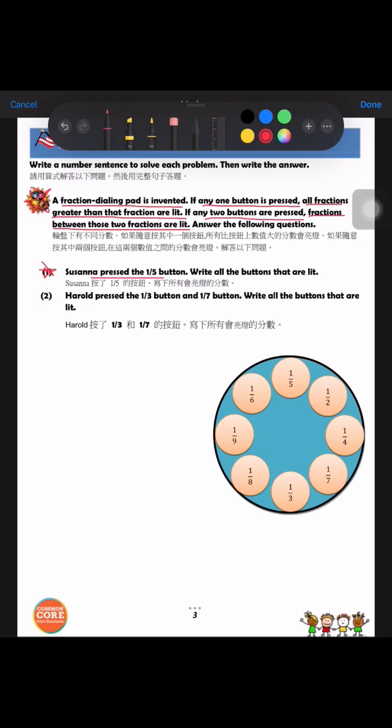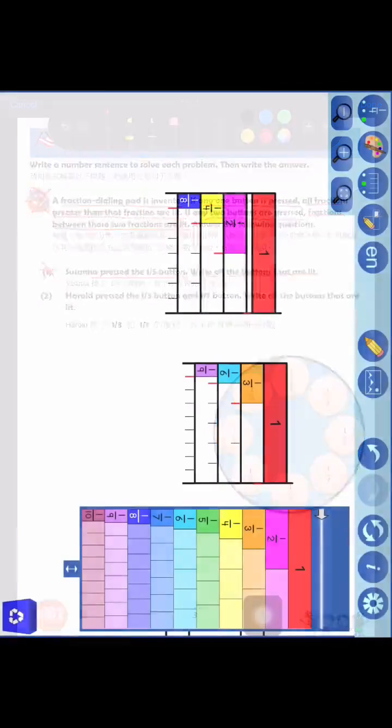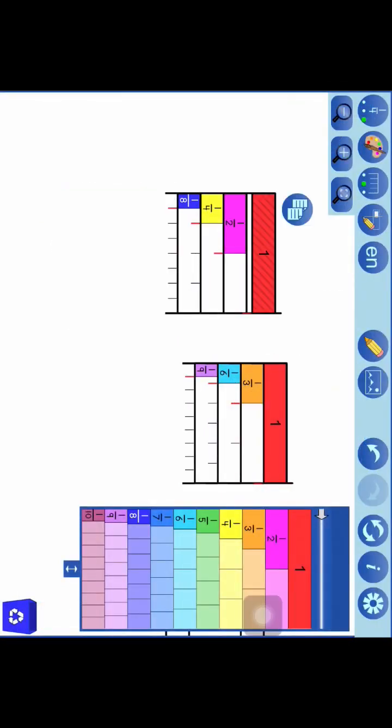Okay, question 1. Susanna pressed the 1 over 5 button. Write down all the buttons that are lit. That means we need to find the fractions which are greater than 1 over 5. Let's compare the fractions. If we split 1 into 2 parts, each part represents 1 over 2. So 2 of 1 over 2 equals 1.